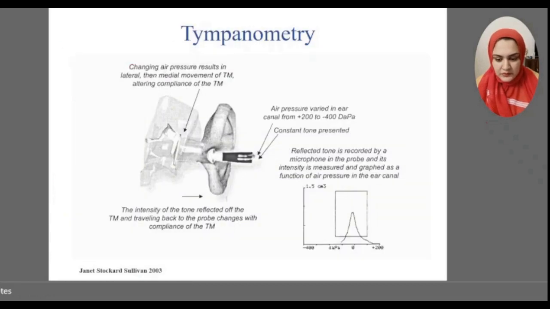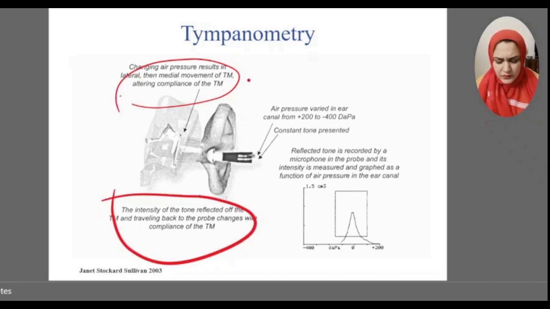We can see it in detail in this diagram. You can see that there are mainly two things going on. There's a changing air pressure that results in first lateral movement and then medial movement of the TM, and it will alter the compliance of the TM.